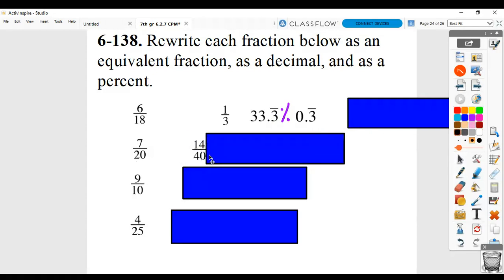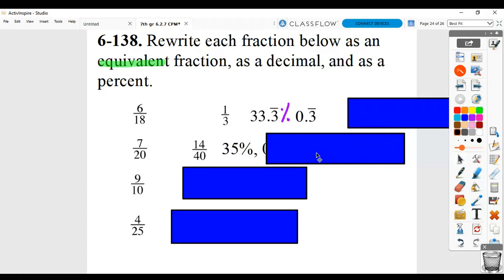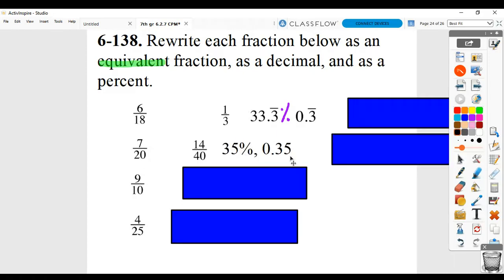7/20, you could multiply by 2 top and bottom and get 14/40. Remember, with equivalent fractions, there's an infinite amount of possibilities, so you don't necessarily have to have the same one I'm giving you. And then for changing that to a decimal, 7 divided by 20 would be 35/100.